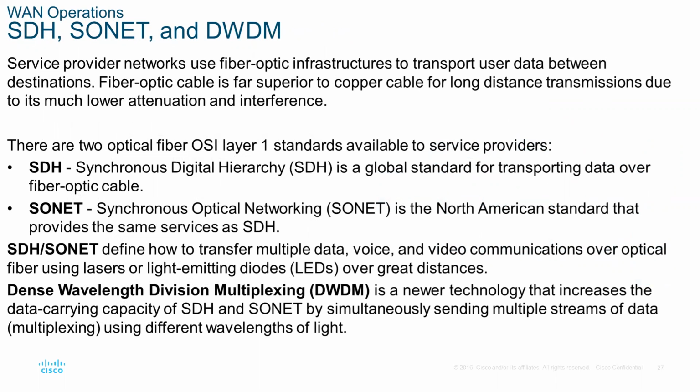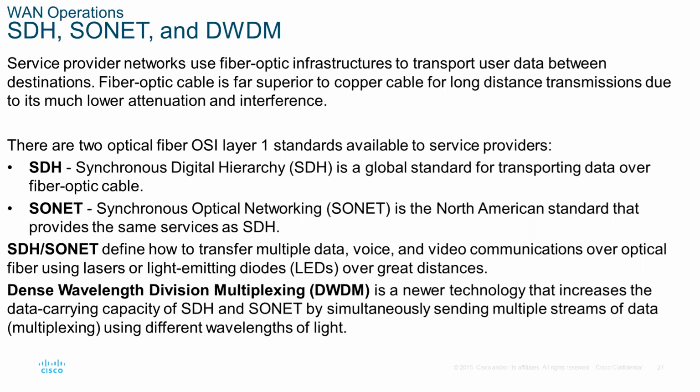So what we migrated up to, a lot of that was generally copper-based. Now we come up to the superior use of fiber optics for long distance transmission, which means we can get further with lower attenuation and less interference.